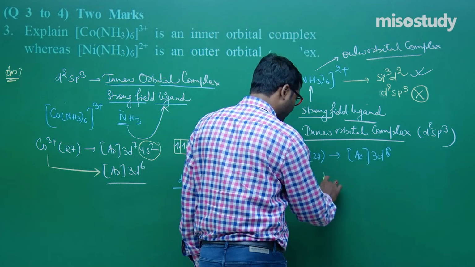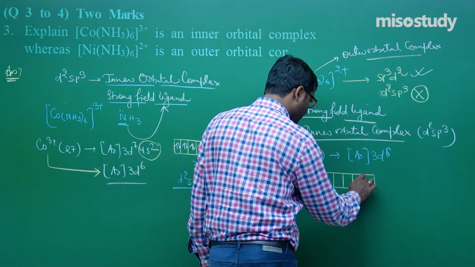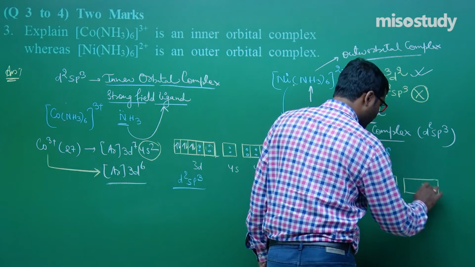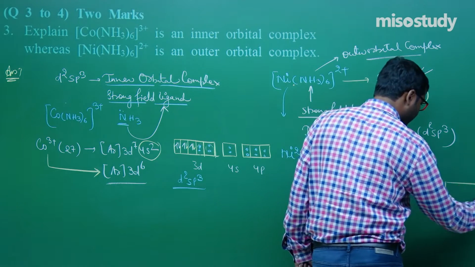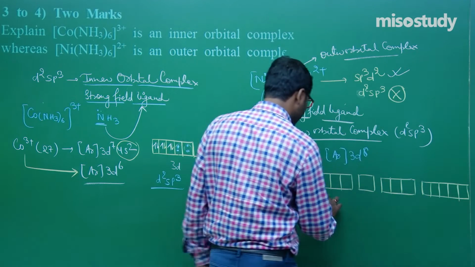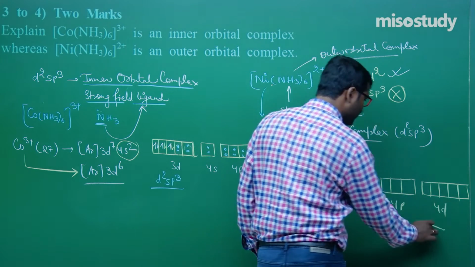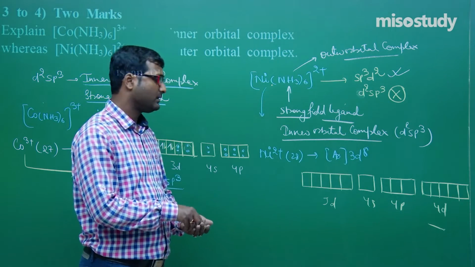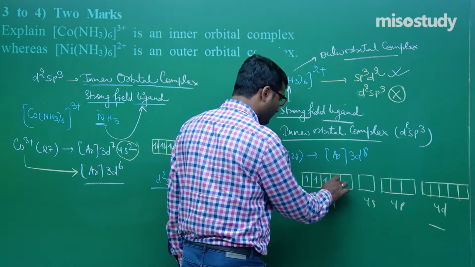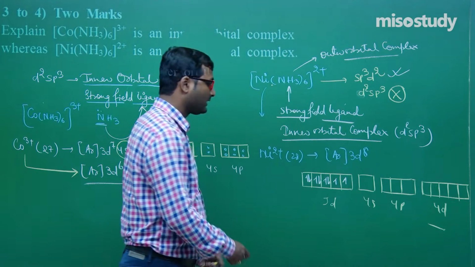Now what will happen? Like this, 1 2 3 4 5 for 3d, then 4s, 4p and 4d. Am I right? Yes sir. Now here 1 2 3 4 5 6 7 8 electrons, clear.